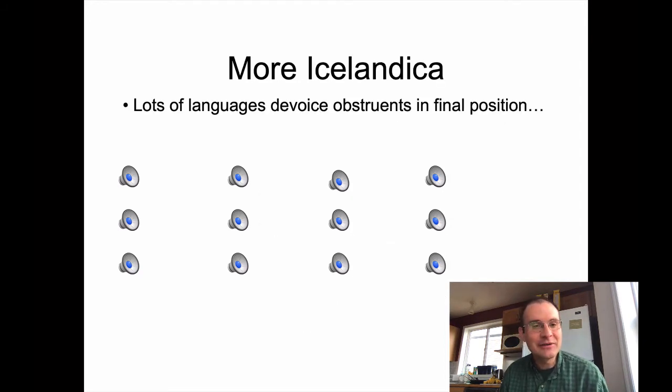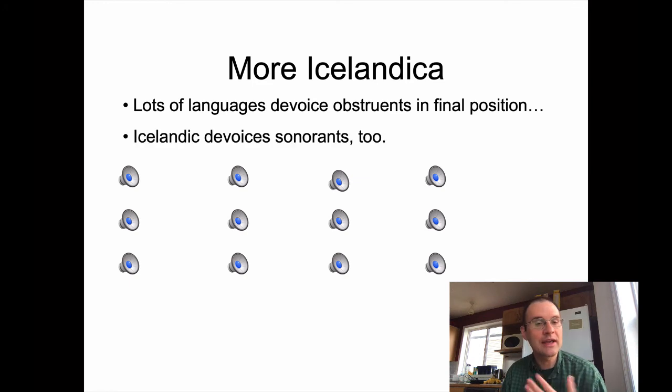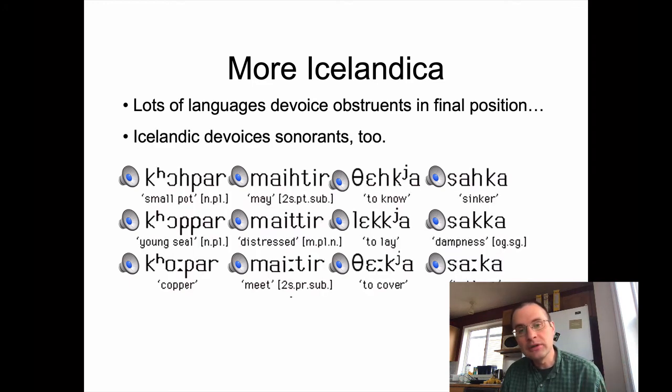Icelandic is kind of a fun language because there are a lot of languages that devoice obstruents in final position because, again, obstruents are kind of hard to voice by nature. So languages like German devoice obstruents in final position, Russian, and so on and so forth. Icelandic will devoice sonorants too, even though sonorants are easier to voice.